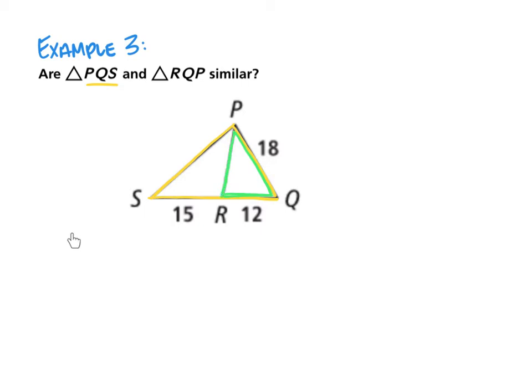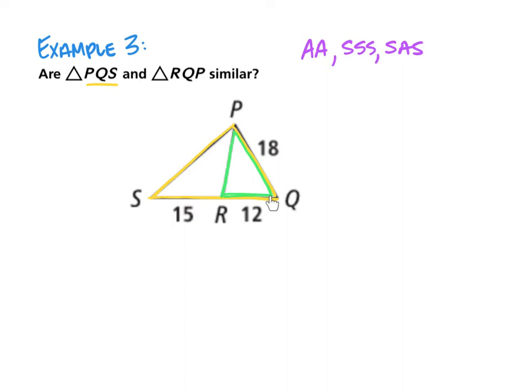Now, we have our 3 options for proving them similar, right? We know that we can use angle, angle, we can use side, side, side, or we can use side, angle, side. And I think the key is to look at how many sides of each triangle you know the lengths of. So, for instance, in the yellow triangle, PQS, I know that PQ equals 18, and SQ equals 27, just 15 plus 12.